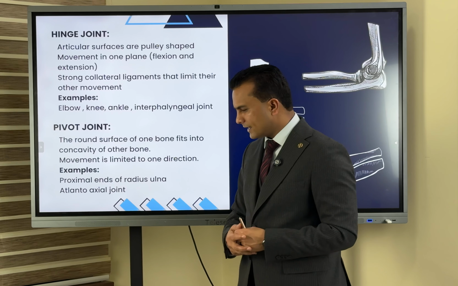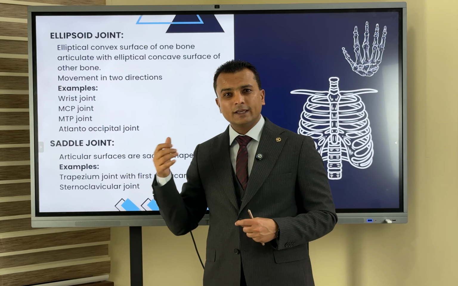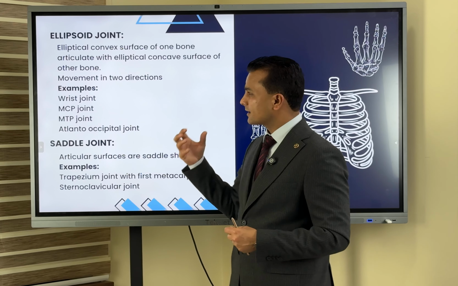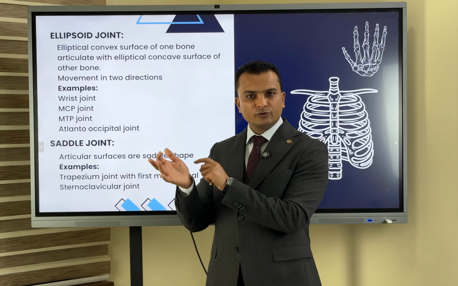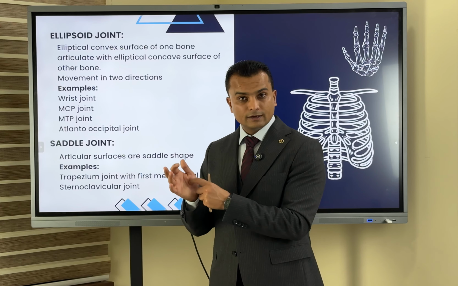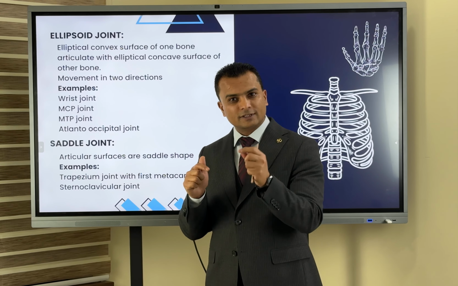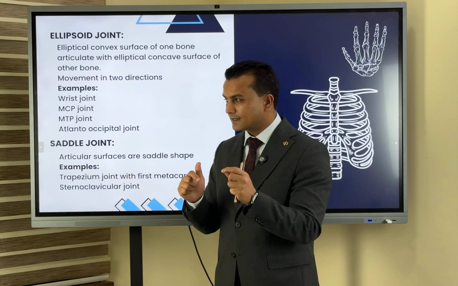Next we have the ellipsoid joint, another subtype of synovial joint. The elliptical convex surface of one bone fits into the concave surface of the other bone. The best example is the radiocarpal joint, especially the joint of the radius with the scaphoid, which is the wrist joint.